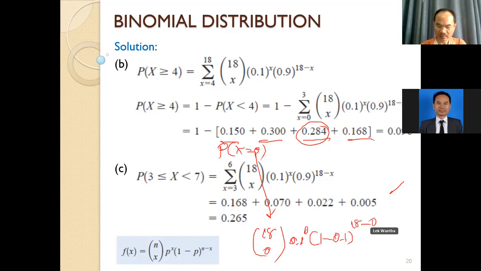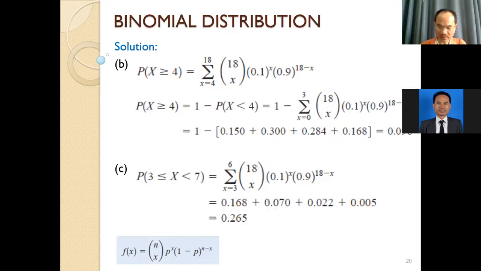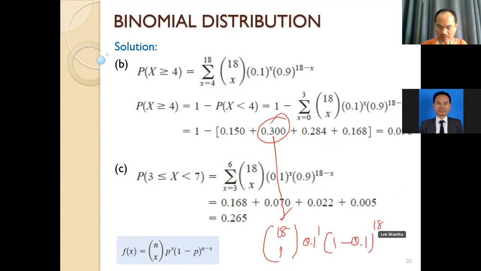And for this, x equal to 1: 18C1, 0.1 power 1, 1 minus 0.1 power 18 minus 1. This is P(x equal to 1).